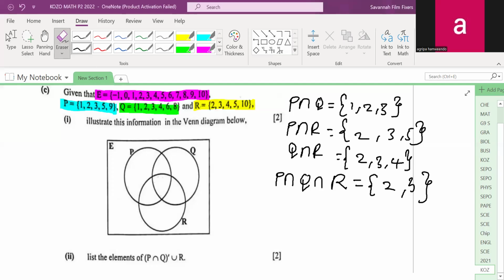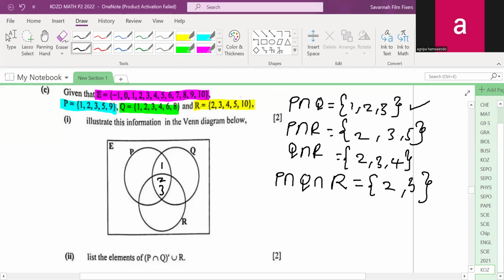So we can now plug them in. We know that what's in between here is 2 and 3. Then we can now go to set P. In the intersection here, we have got 1. So 1, 2, 3, we've accounted for this, right?